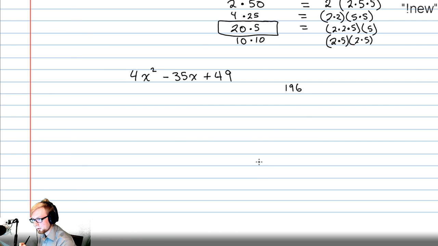And you did the factors of this earlier? Yes. We have 2 outside of the parentheses and 2 times 7 times 7 inside. It was two 2s and two 7s, right? Two 2s and two 7s, yes. Okay.